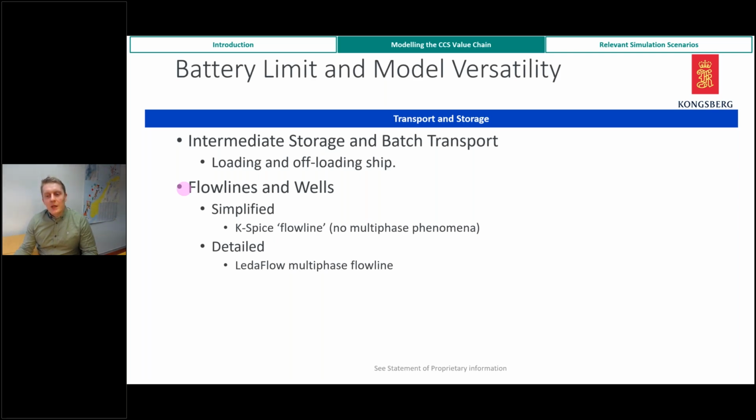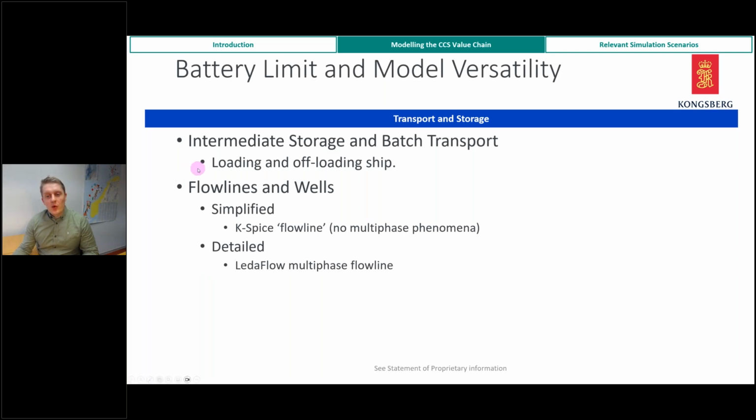So here it really becomes very quickly a question of, do you want a pure K-Spice model, or do you need the multi-phase aspect of it? In our experience, it's a good idea to start out with multi-phase from early on, because then the capability is there. Of course, LedaFlow is a specialized simulation tool, and it is better for these simulations than what a process systems engineering tool is from the beginning.